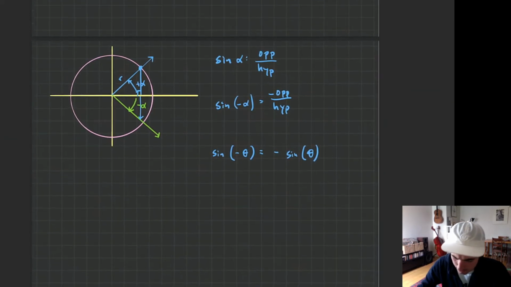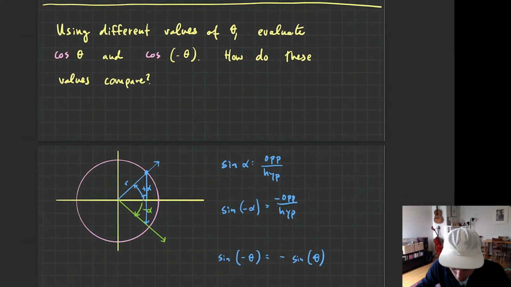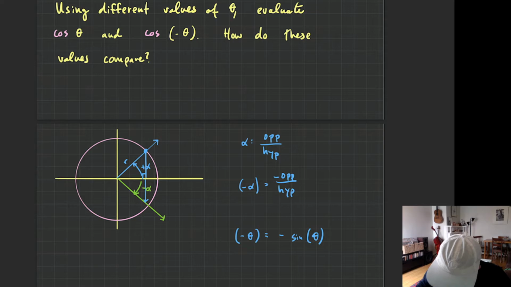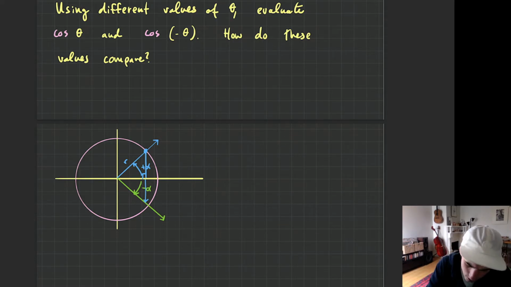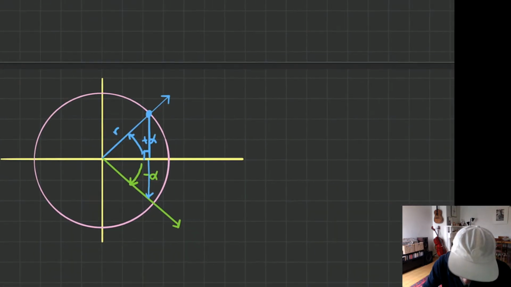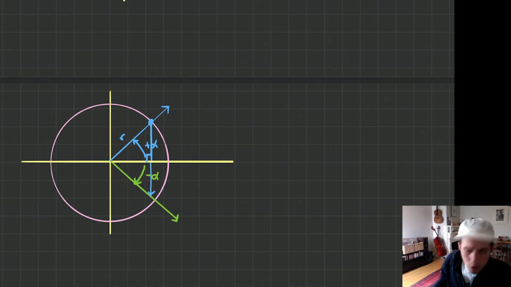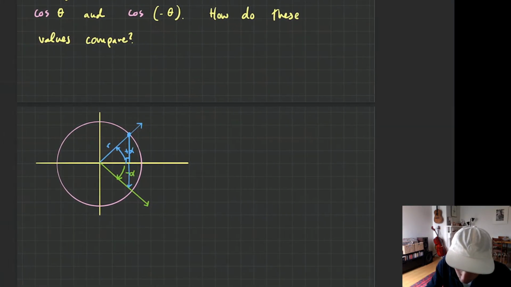Okay, so this time we're thinking about cosine. We're going to have a very similar argument here, but let me just erase all of this. This part is still good, right? We're still looking at positive alpha and negative alpha, or theta, or whichever angle you want to call it.